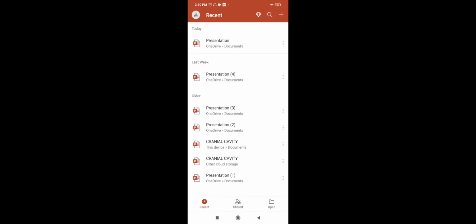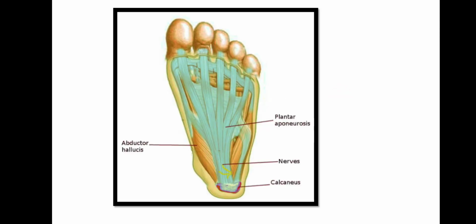So the 4 muscles which come in the second layer are flexor digitorum longus, flexor digitorum accessorius, lumbricals, as well as flexor hallucis longus. That comprises the second layer.